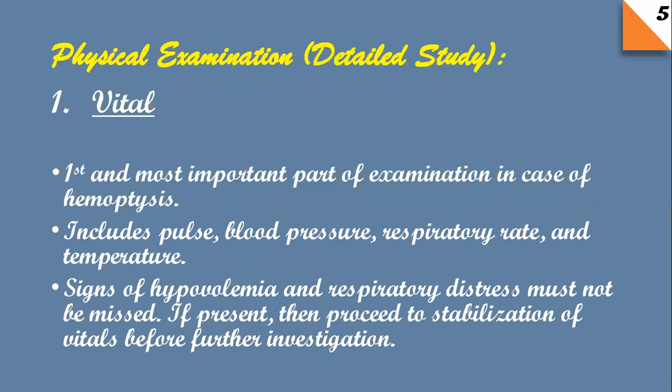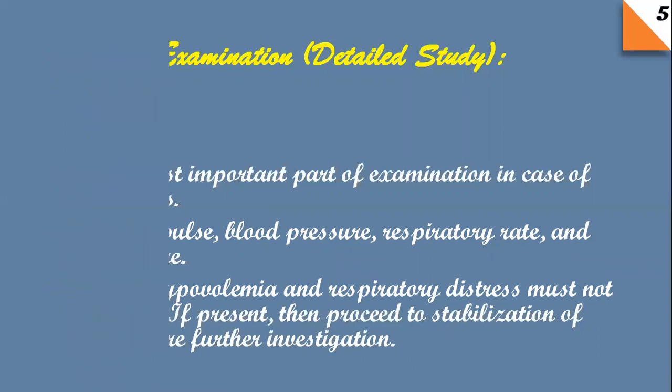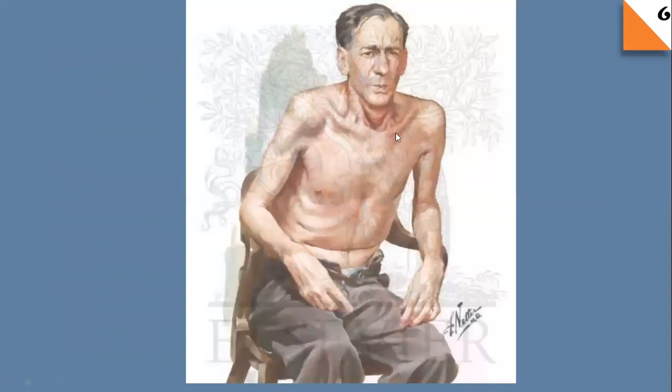The signs of respiratory distress can be clearly visualized in this coming picture. Here you can see the patient has flared nostrils and pursed lip breathing, though pursed lip breathing is common in obstructive lung diseases, it is also quite common in other kinds of respiratory distress.